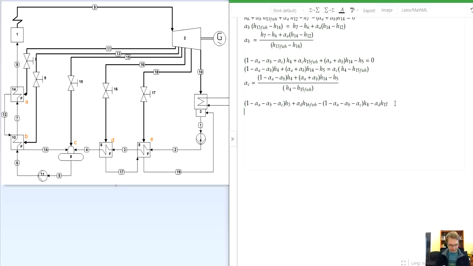So after manipulating variables, we get alpha D equals, and now 1 minus alpha A, alpha B, alpha C multiplied by H4 minus H3 and divided by H16 feedwater heater minus H17.